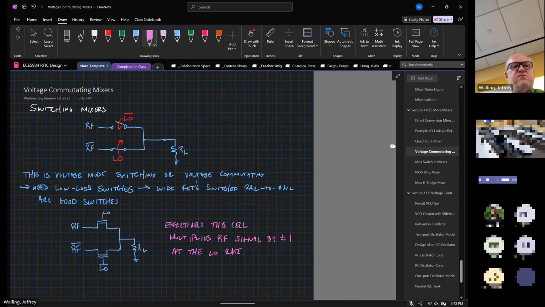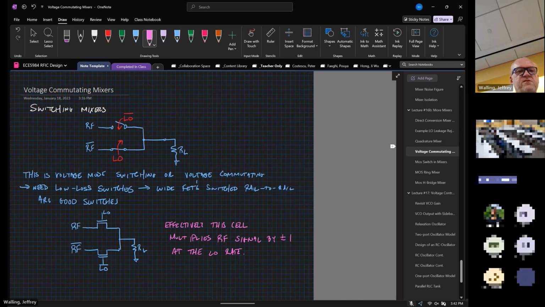So the switching mixer is exactly what it sounds like. We just have our RF signal moving through a switch that's being switched at the LO frequency. We can make this a balanced mixer like the one that's shown, where we have differential RF signal coming in and we have a differential LO signal that's controlling these two switches to where one path turns on at any given time.